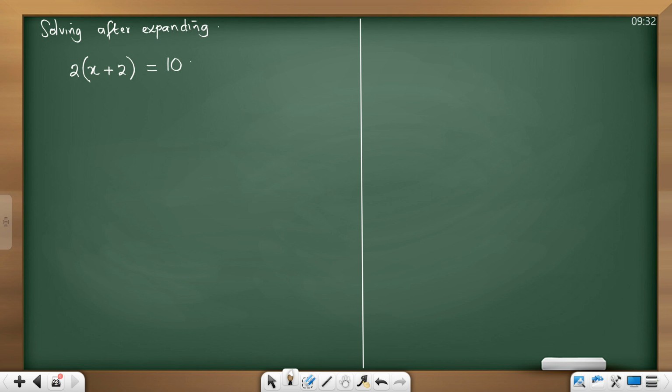Now there's an equal sign. Okay? Rule of BODMAS. Let's do the bracket first. What are we doing on the left side? So 2x, 2 times 2 would give us 4. Do you remember this now? That's the whole idea.